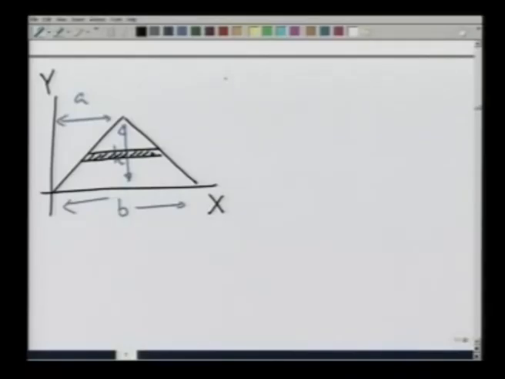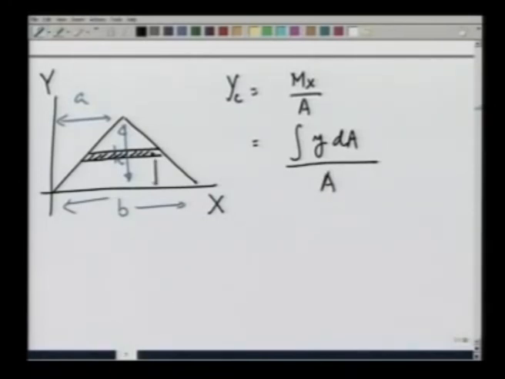Recall that y c is equal to m x divided by the area, which is integration y dA divided by the area. So, at a height y, I take this small strip, multiply it by y, and then calculate the area.